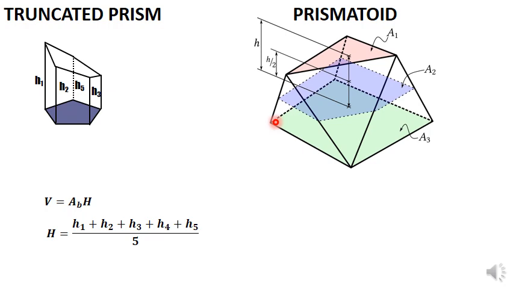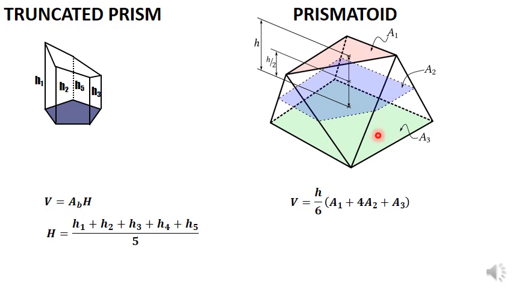If this definition is satisfied, then we can use the prismoidal formula to calculate the volume of this solid. How to do that? To calculate the volume of the solid, first determine the distance between the two bases. So let's say it's h, and then we divide it by 6. And then we determine the areas of the upper and of the lower bases.